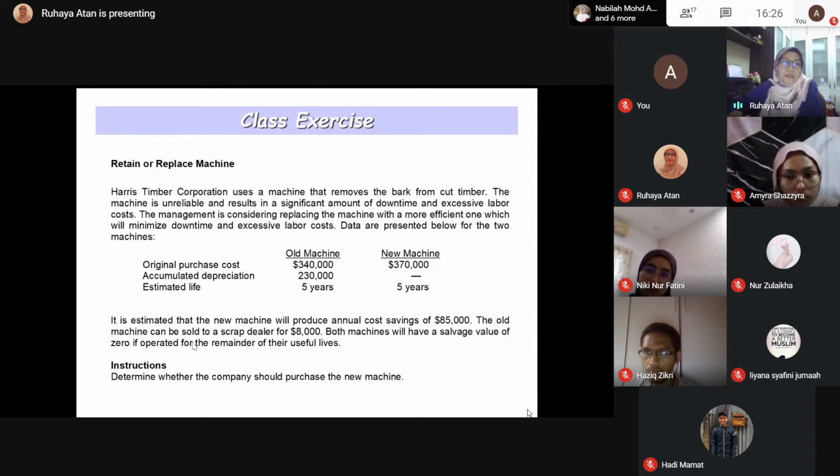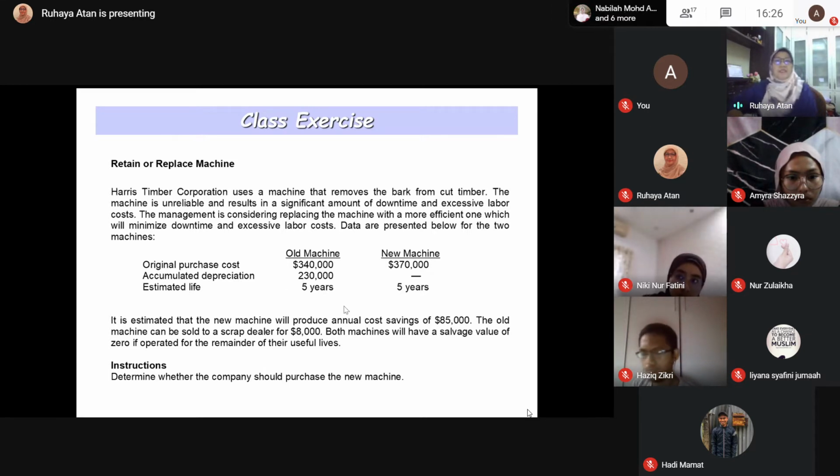It is estimated that the new machine will produce annual cost savings of 85,000, and the old machine can be sold to a scrap dealer for 8,000. Both machines will have a salvage value of 0 if operated for the remainder of their useful life.